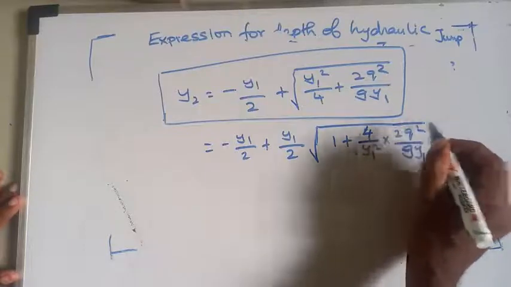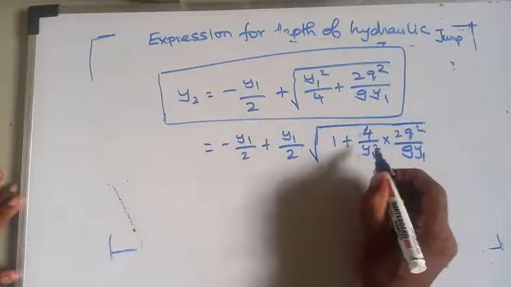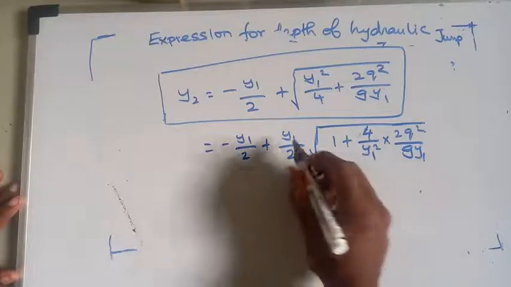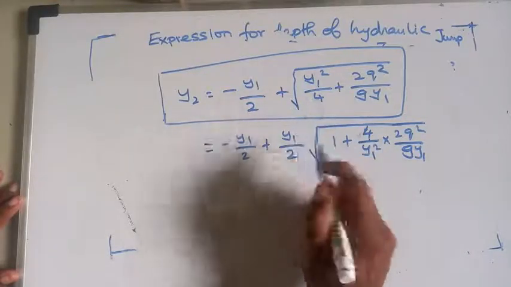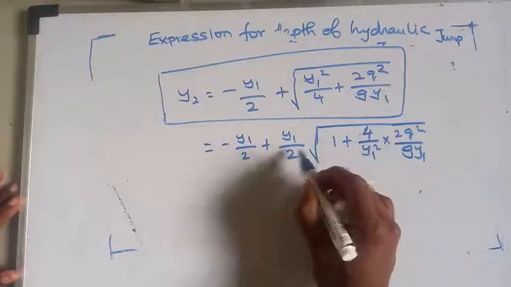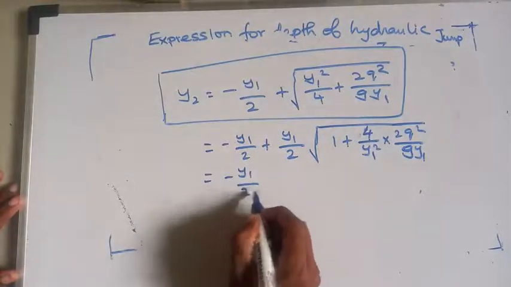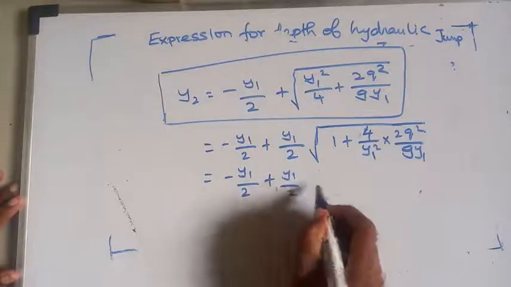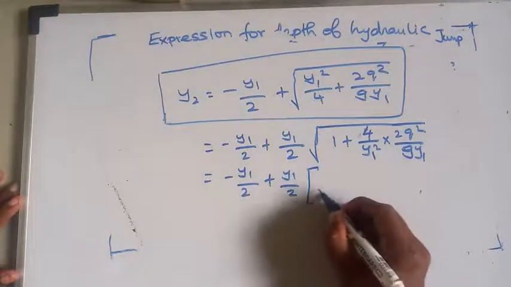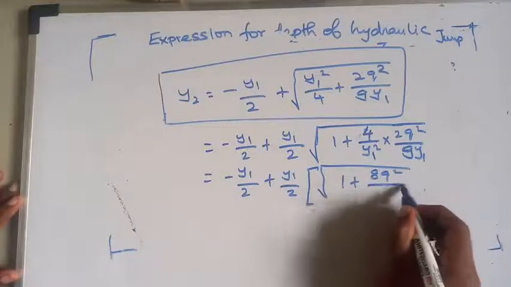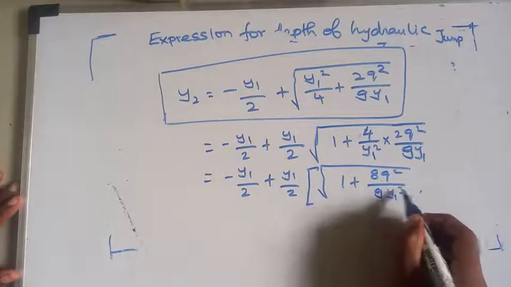If you check, you will get the idea, because if I multiply this 4y1 square here, then only if I get this inside and multiply, these both terms will cancel. So minus y1 by 2 plus y1 by 2 into root of 1 plus 8q square divided by g y1 cube.